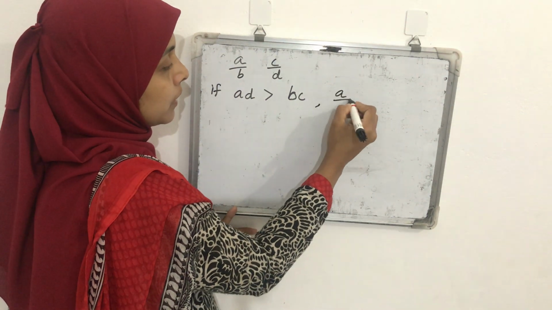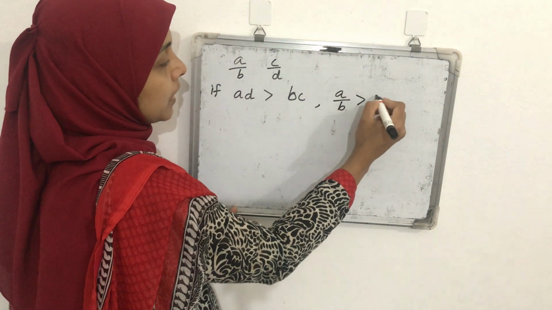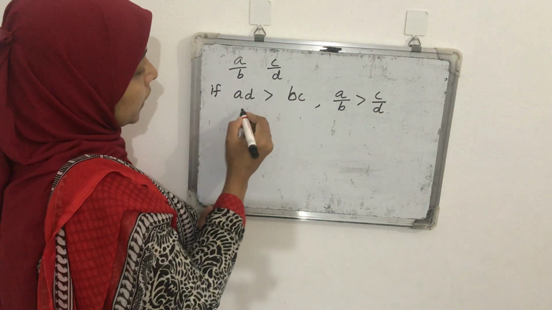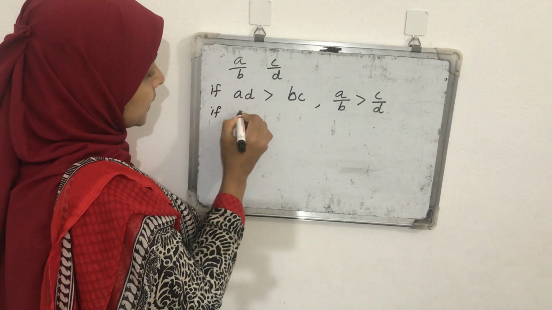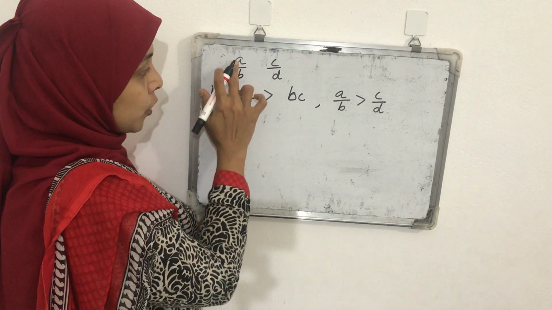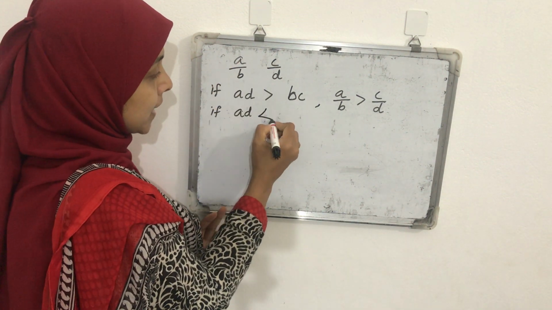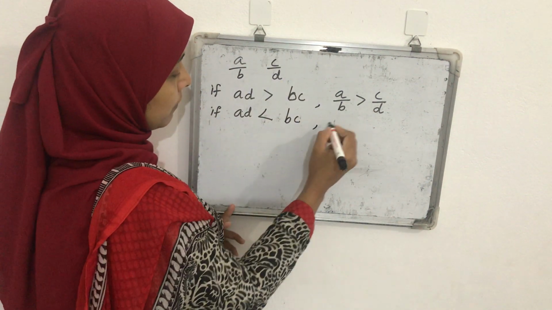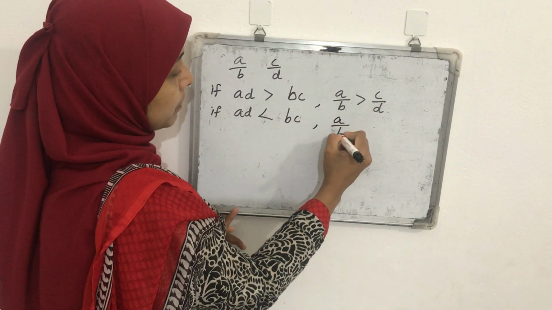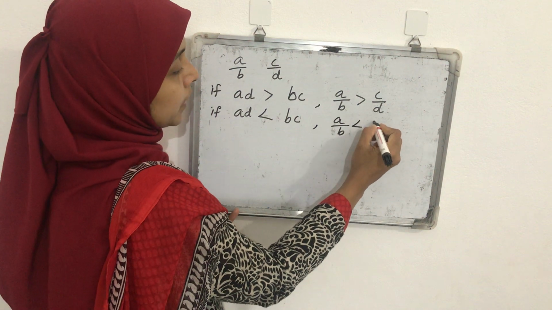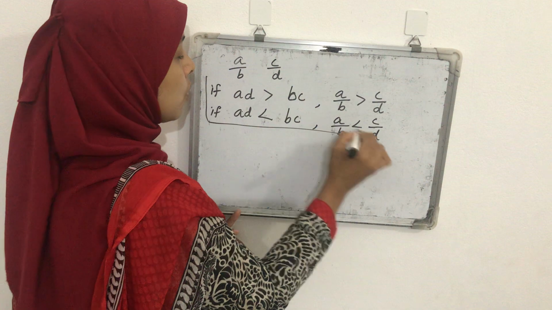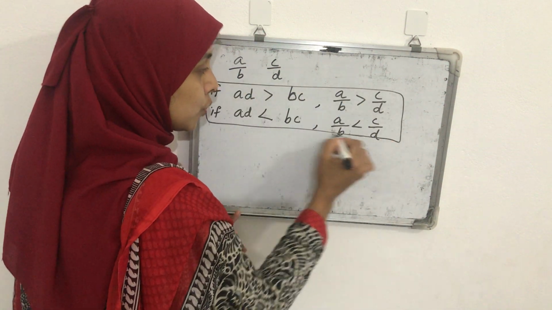Then the rational A by B will be greater than C by D. Now, if the cross product AD is less than the cross product BC, then A by B is less than C by D.